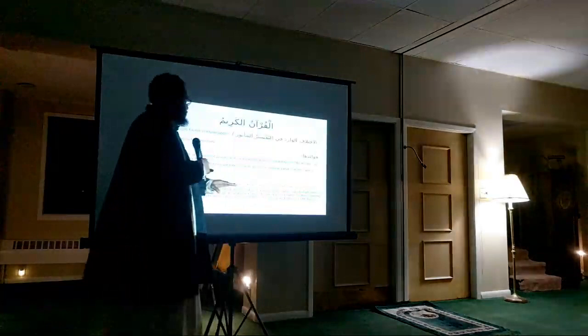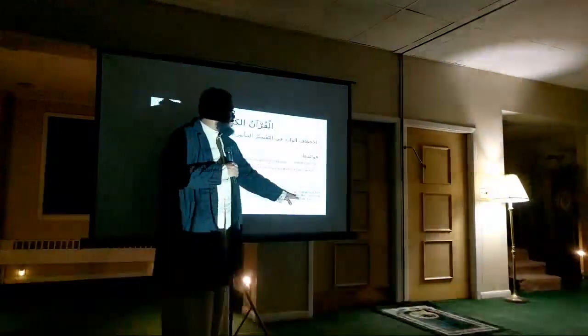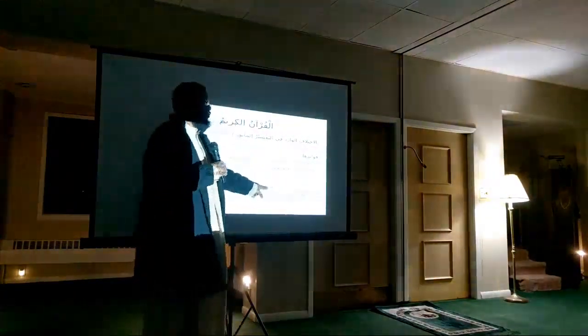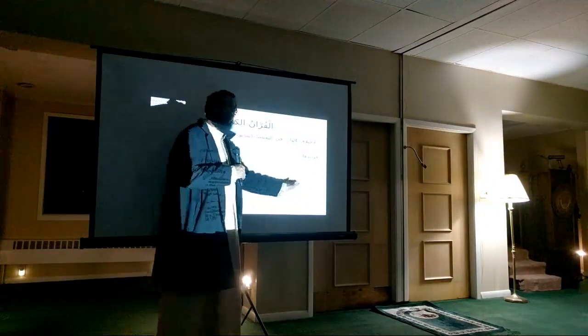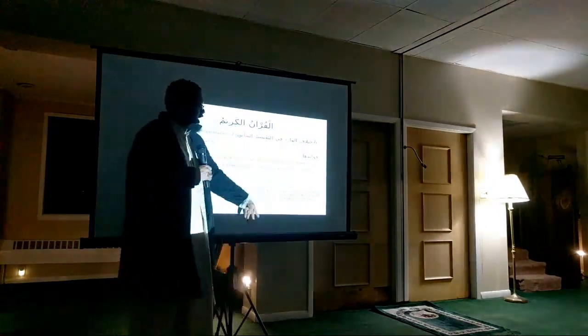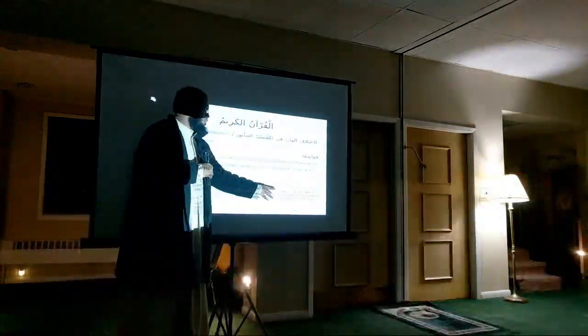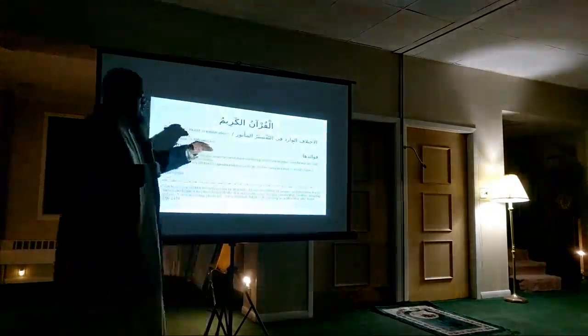Okay, let's go back and look at that ayah again. Allah starts out by talking about, it seems like he's talking about food, right? So Allah has made it forbidden upon you the dead, blood, the flesh of the swine, and so forth.